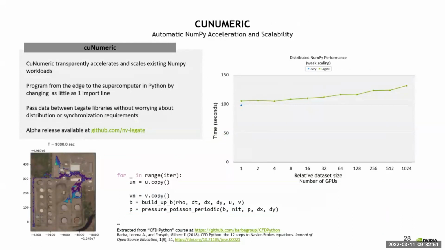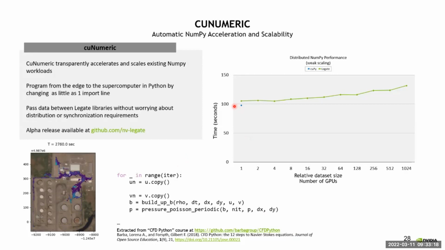So as a proof of what we're seeing, this comes from a CFD code. The source code is available down here at this GitHub link. We took the code and, as easily as changing the import statement, so it no longer says import NumPy but import Numeric, we could take the code and run it as is and actually be able to scale up to not just a GPU.